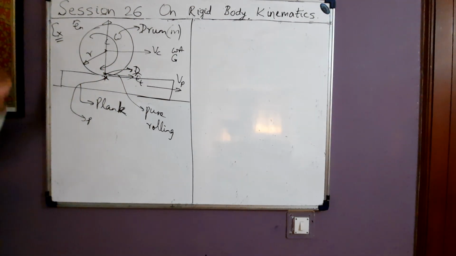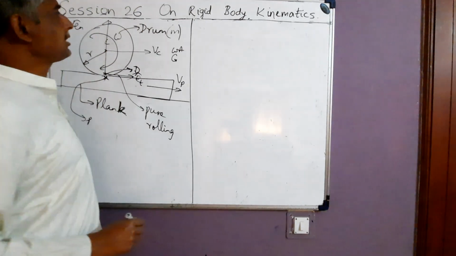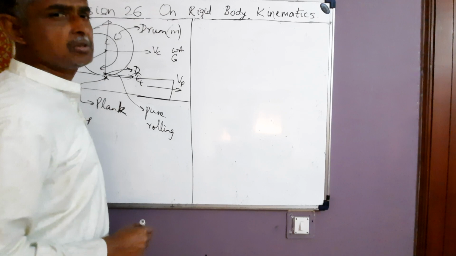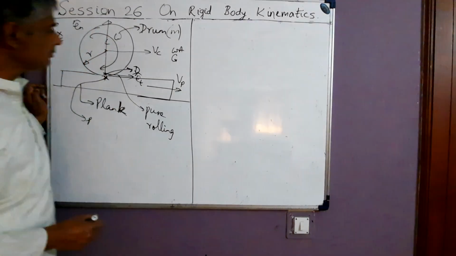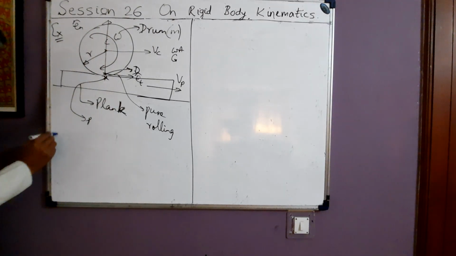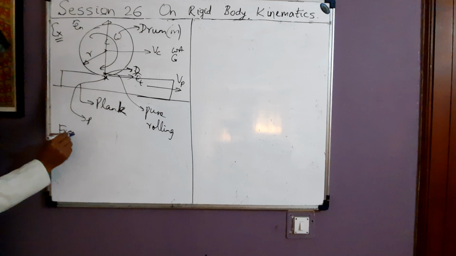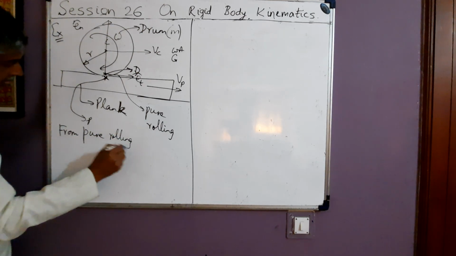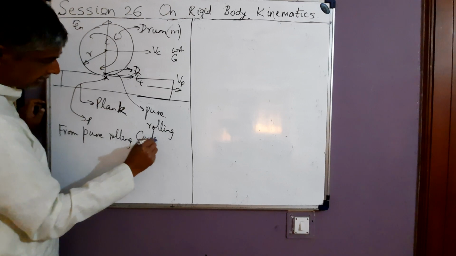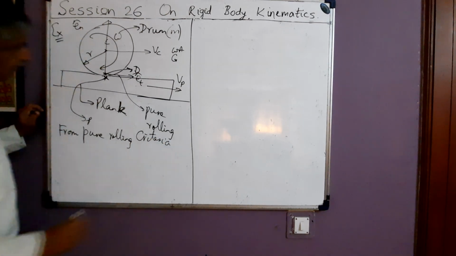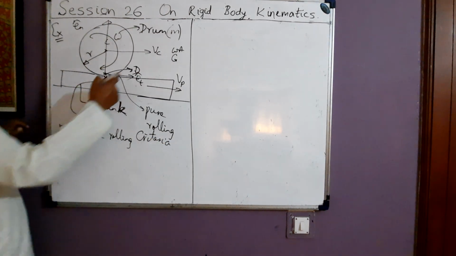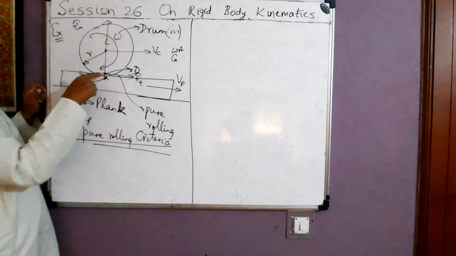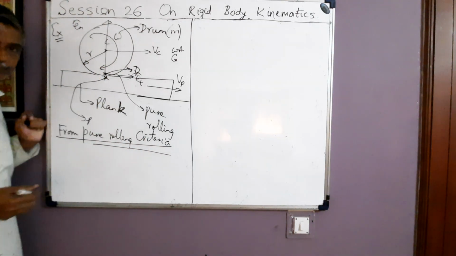Now we know from the pure rolling criteria, which we have discussed in great detail in the chapter on rigid body kinematics from the velocity point of view, that the velocities of the contact points D and P are equal.